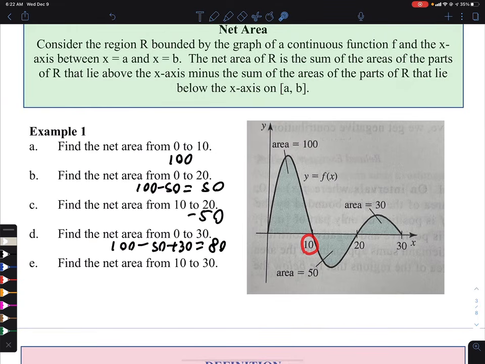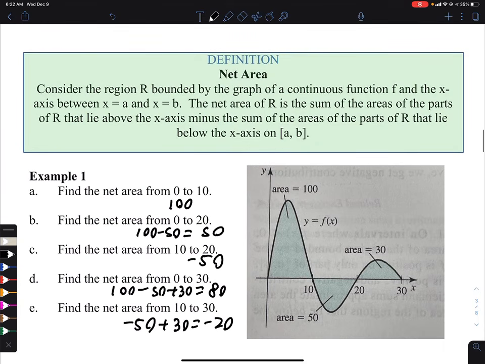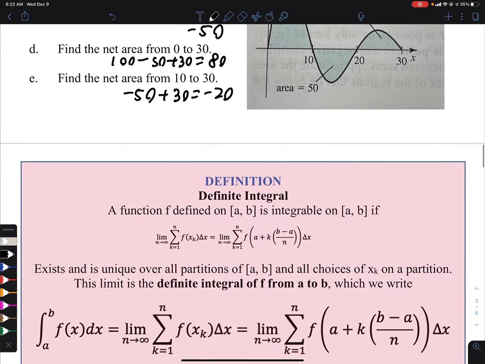We're starting here, ending here. So that's going to be negative 50 plus 30 for a net area of negative 20. So that's what net area means. Areas are always positive, so the term net area was invented, I would guess. And that's what that means.